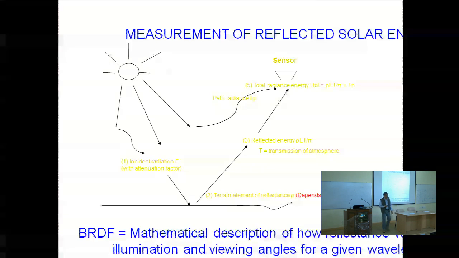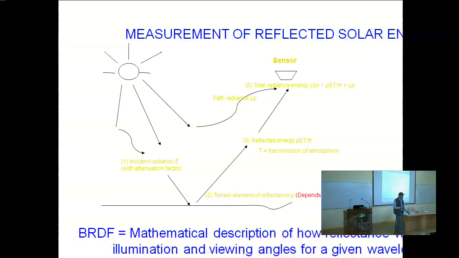That means if the surface is not completely level, the reflection will vary with angle. It depends upon the hemispherical angle; the amount of energy reflected back is a function of this hemispherical angle, which is called the bidirectional reflective function.